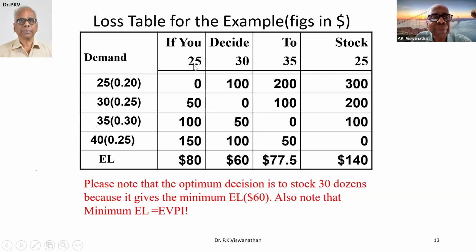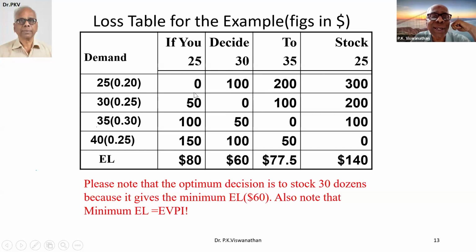Then 25 minus 35, 10 dozens, I have lost the opportunity, $100. Here, $150, I have lost the opportunity. Supposing I stock 30, demand is only 25, then I lose 5 into $20, 100, the actual loss.